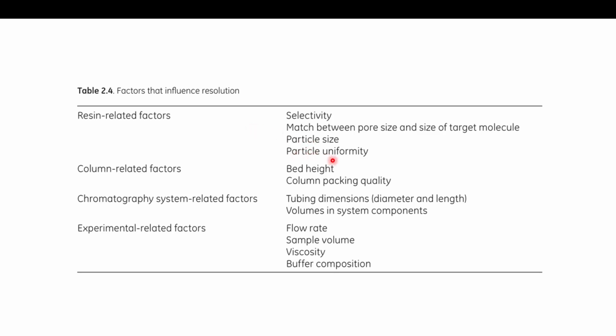Because if the particles are not uniform in size, and there is a lot of heterogeneity between the particles, it will finally affect the separation and the resolution of the whole chromatography.